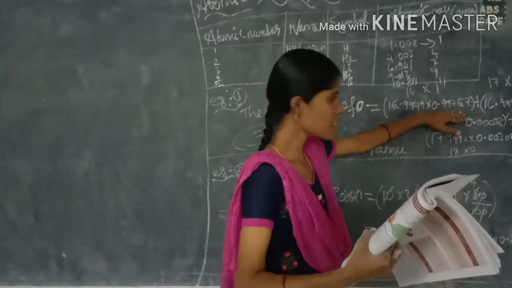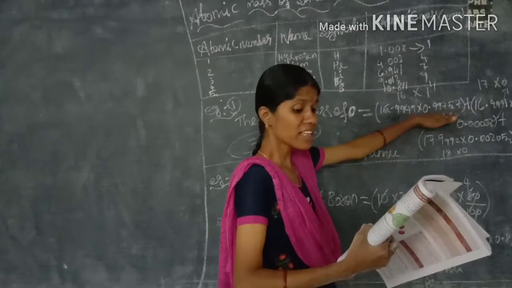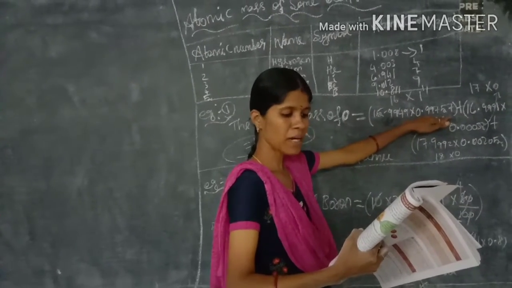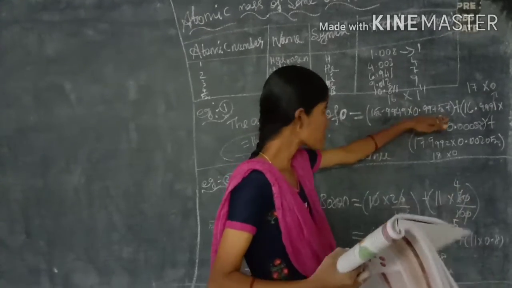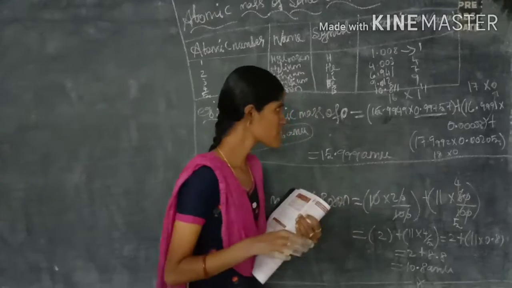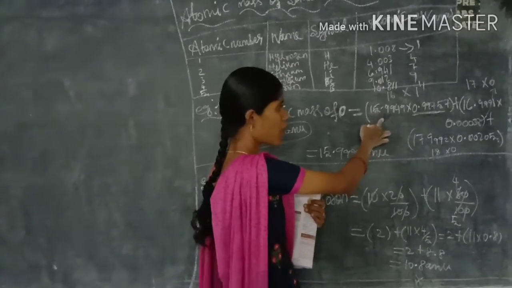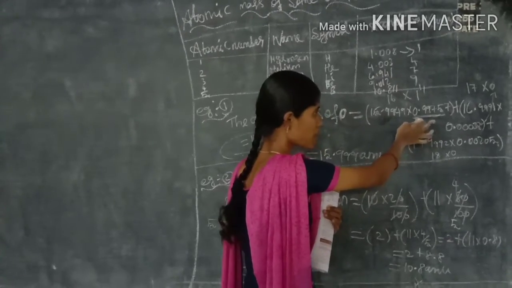Okay, so this one is the third column of the table, that is the percentage abundance, that is divided by 100. For example, 99.757 divided by 100 means we get the value of this. Careful students, this one is the second column of the table 7.3 and this one is the third column of the table 7.3.